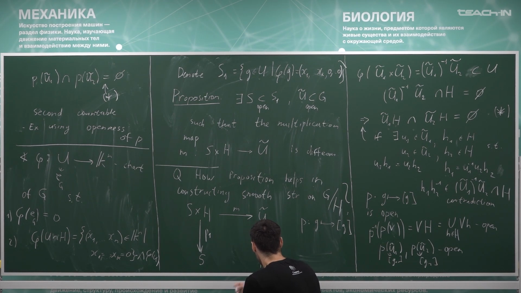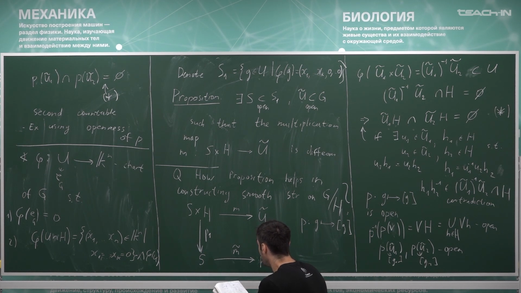This is an open set in G quotient by H, and we have some map that actually makes this thing commutative, M tilde.